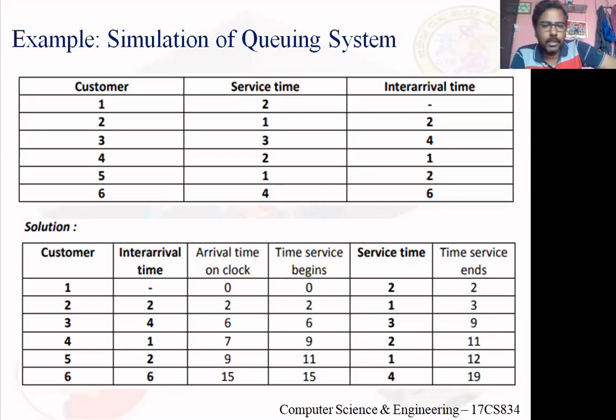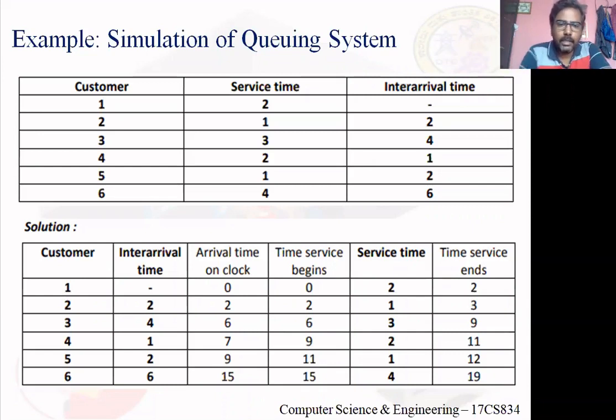Now the inter-arrival time for the third customer is 4. That means between the previous arrival and this third arrival there is a 4 minute gap. The previous arrival was at time 2, so this arrival is at time 6.